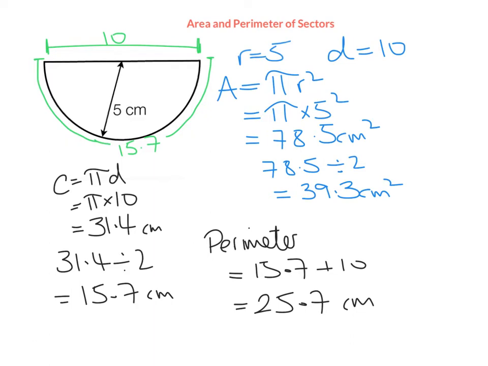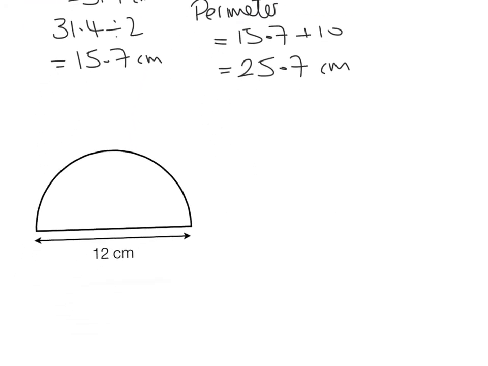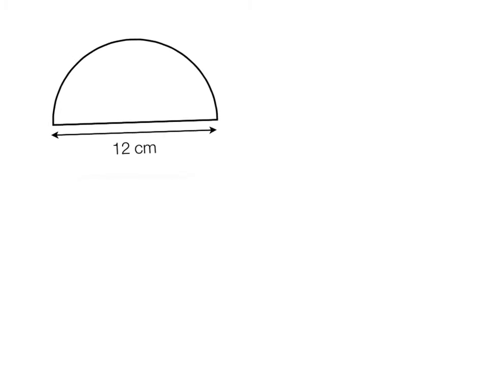Okay. I'm going to do another one. So, 12 centimeters is our length going the whole way across. That must mean that is the diameter. So the diameter this time is 12, which means the radius must be 6. The area is pi r squared, which means pi times 6 squared.